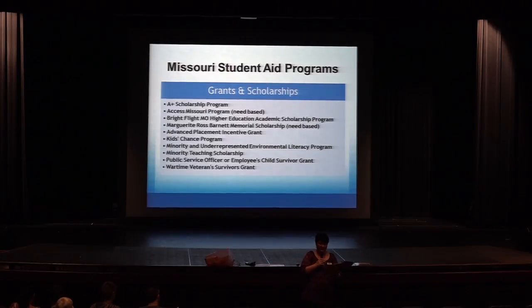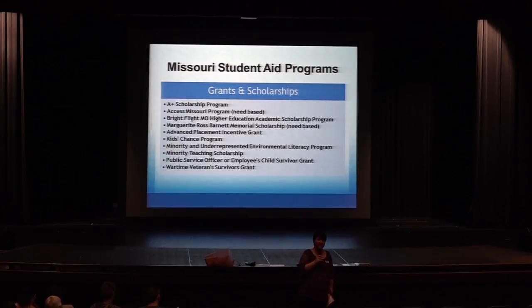About halfway down under the eligibility requirements, one of the first things people want to know is, as far as financial need is concerned, what's the requirement? If you have an EFC of $12,000 or less, as long as you meet all of the other eligibility requirements, including having your FAFSA in before February 1st, you are guaranteed some money from Access Missouri.